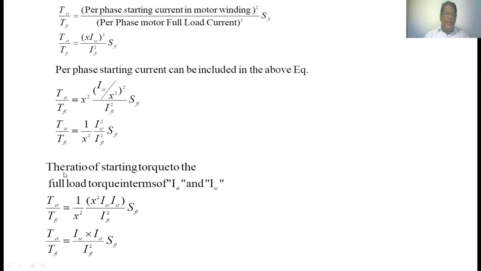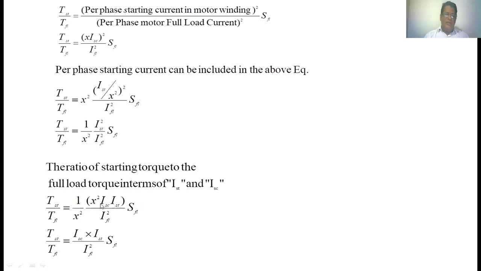Now we are finding the ratio of starting torque to full load torque in terms of the starting current and standstill current. Again, we take the same expression: starting torque by full load torque equals 1 by X square into ISC square. ISC square we write as ISC into ISC. One ISC we write as X square into IST, because we know the relation between the starting current and the standstill current.